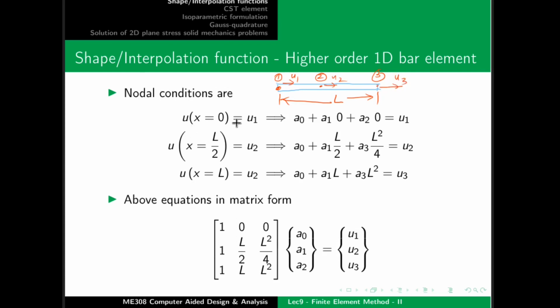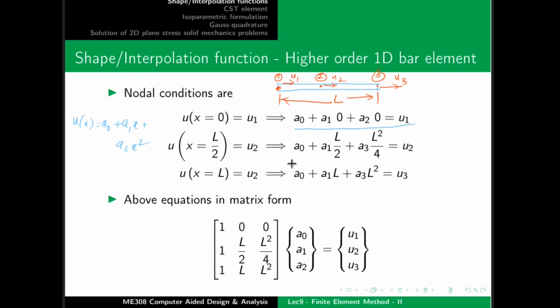So u of x equal to 0 is u1, so we can substitute x equal to 0 in the expression. Our displacement function is u of x equals a0 plus a1x plus a2x square. In that displacement function we substitute x equal to 0 and we get this expression.